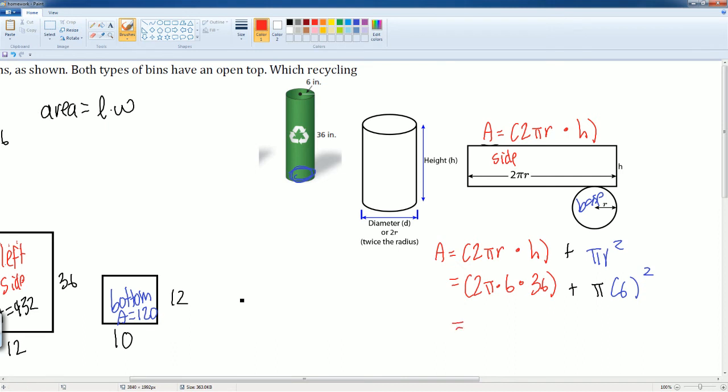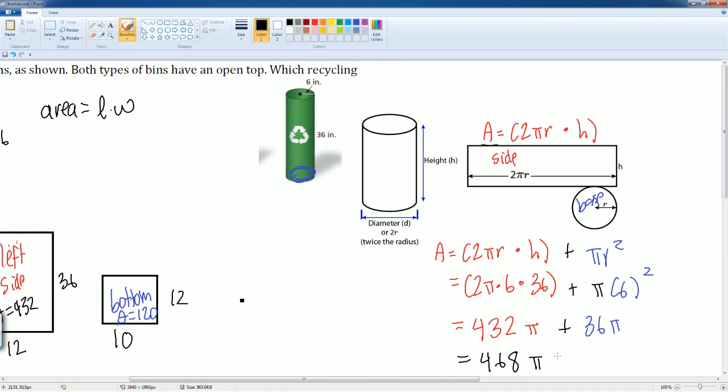Let me plug that into a calculator so I get my calculations correct. 2 times 6 times 36 gets me 432 pi. Then I add this to 36 pi, since 6 squared is 36. 432 plus 36 gets me exactly 468 pi.